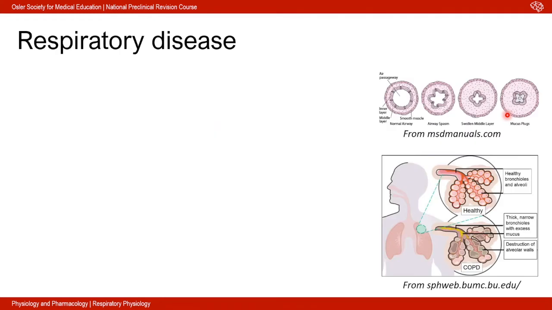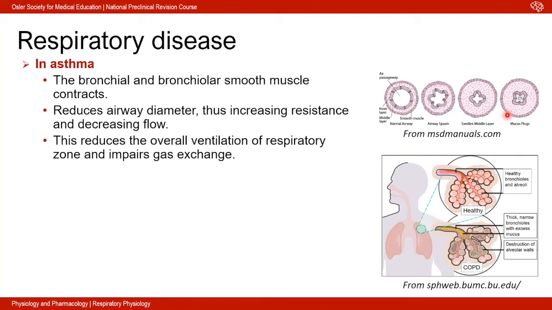So thinking about some respiratory diseases now and how they relate to resistance. So in asthma, the bronchiolar and bronchial smooth muscle is a lot more contracted. And this will reduce the diameter of our airway quite significantly. And that's therefore going to increase the resistance and decrease the flow.